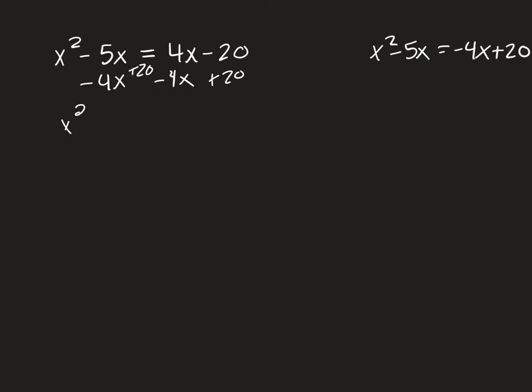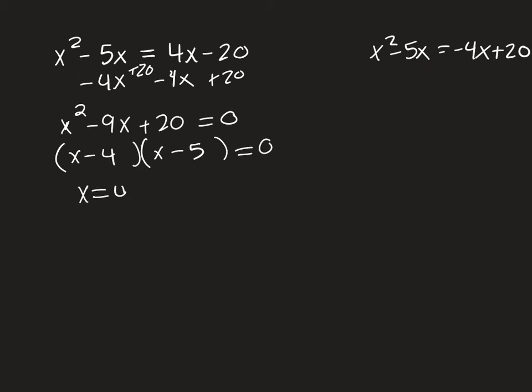So it's going to give us x squared minus 9x plus 20 equal to 0. Then we're going to factor that. So we'll get x minus 4 and x minus 5. So we get x equals 4 and 5.